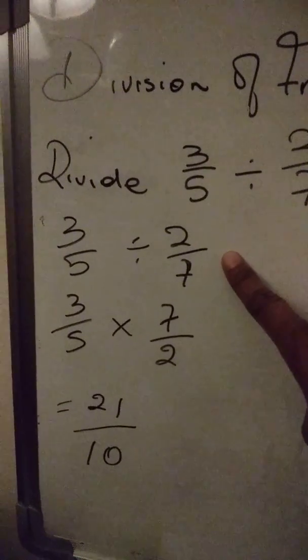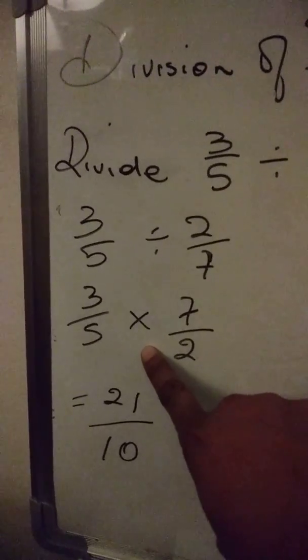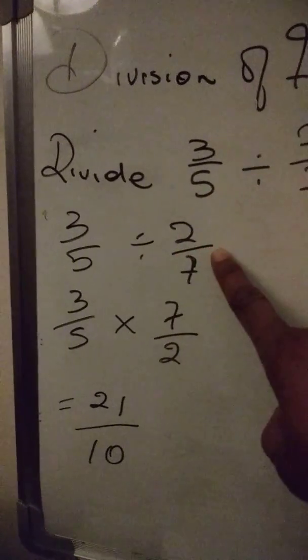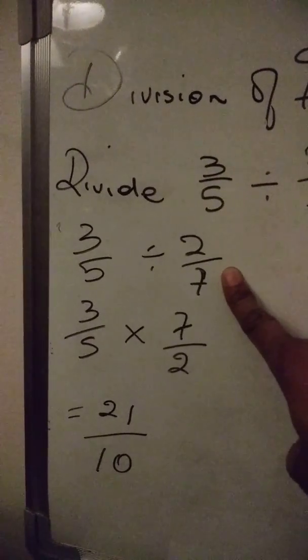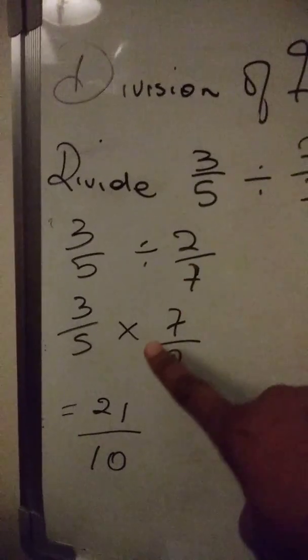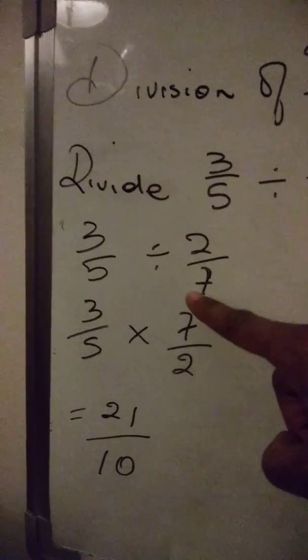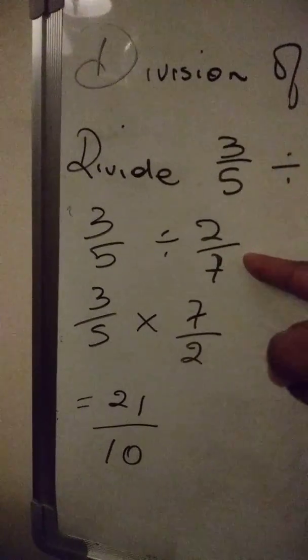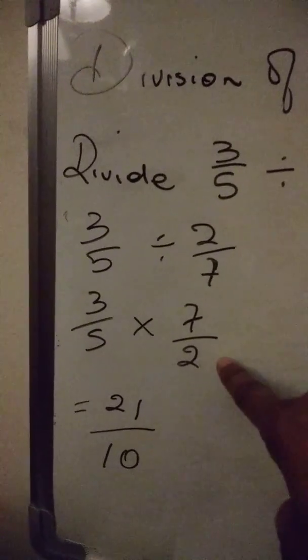Right here, you're going to change the sign to a multiplication sign. But the number that comes after the division sign, whenever you change it to a multiplication sign, it becomes the reciprocal of that number.